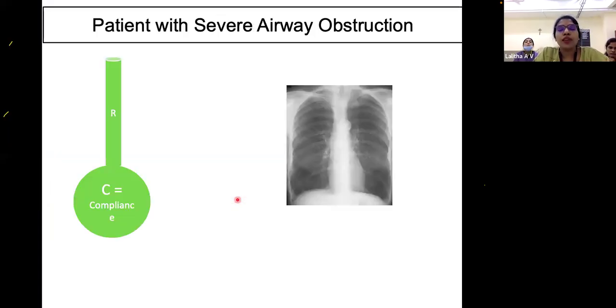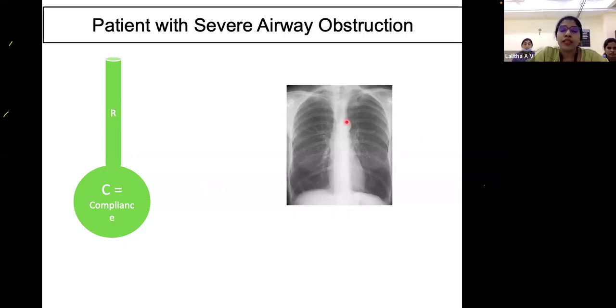In bronchial asthma, we'll come back to the same resistance and compliance. I am sure all of you would have treated patients with bronchial asthma. Very rarely do these children require mechanical ventilation. So what is the pathophysiology? We know that in bronchial asthma the compliance is good.